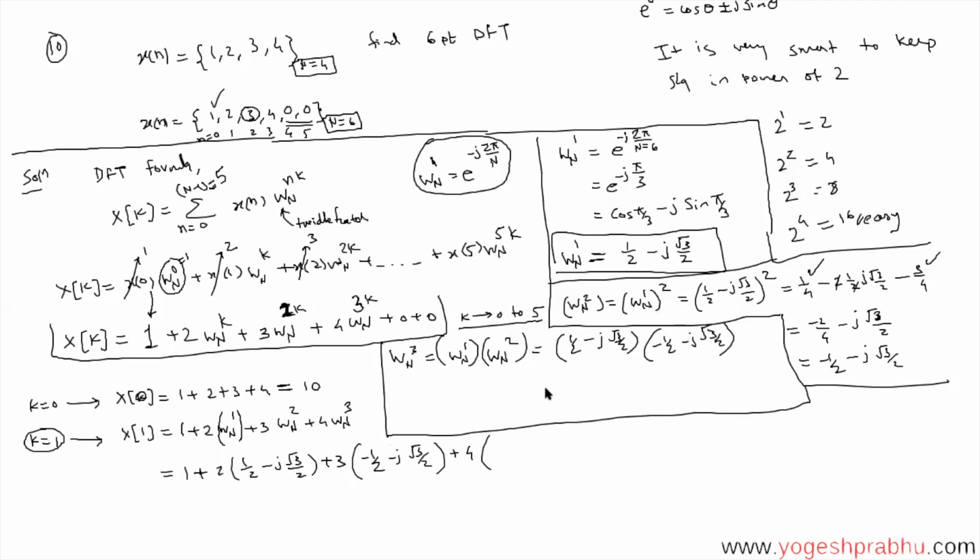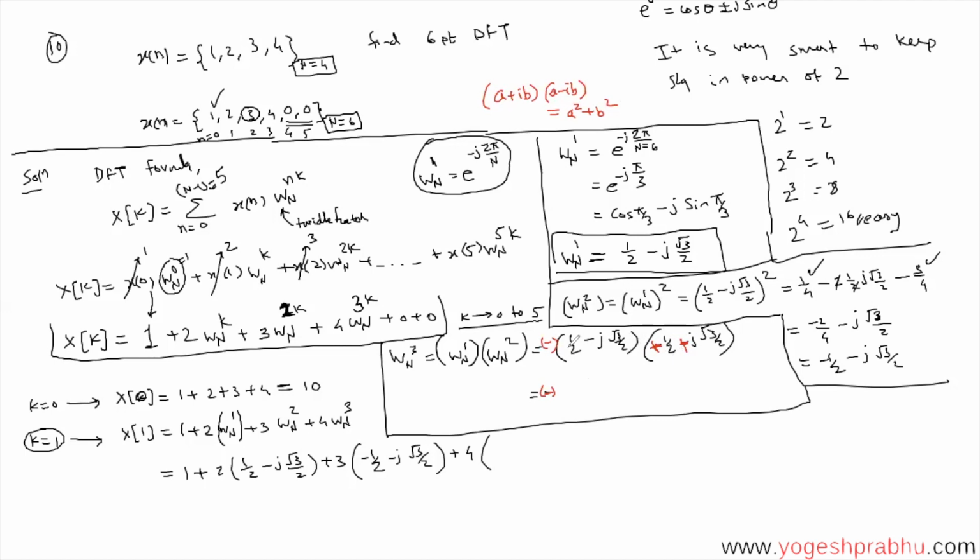So I can take minus out from here. Let me highlight that a little bit. If I take the minus sign out, this will become plus, and then there is a minus sign outside. And then you have a minus jb, a plus jb. Now you have to remember the formula: a plus jb times a minus jb is going to be a square plus b square.